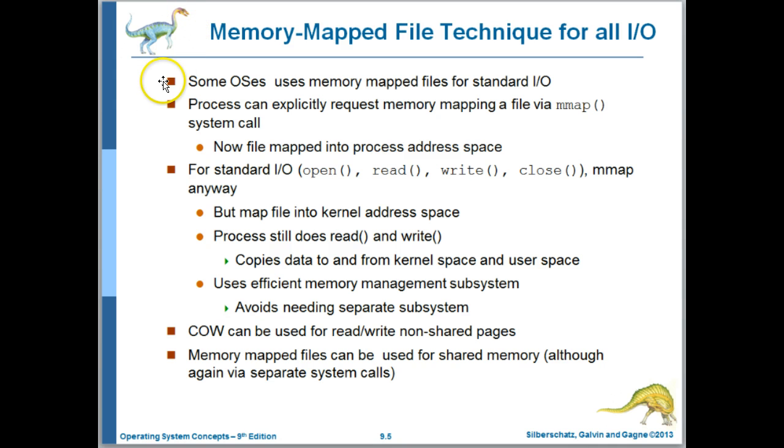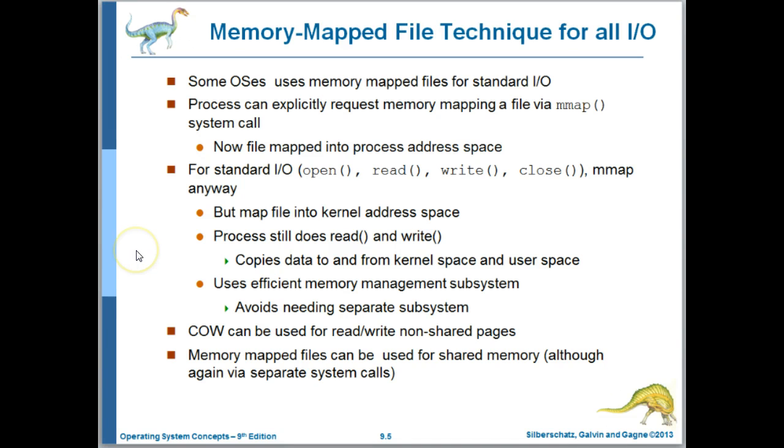A Linux process can explicitly request that a file be mapped into memory via the mmap call. Some operating systems, as mentioned there in the first bullet, use memory mapped I/O for all files. Solaris is an example.